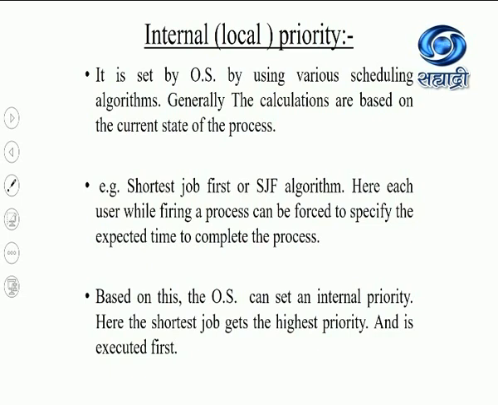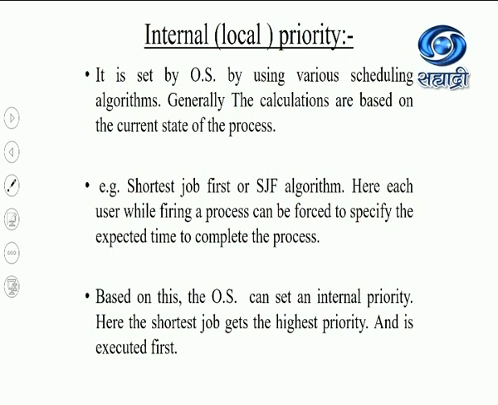Internal or local priority. It is set by the operating system by using various scheduling algorithms. Generally, the calculations are based on the current state of the process. For example, the shortest job first or SJF algorithm.